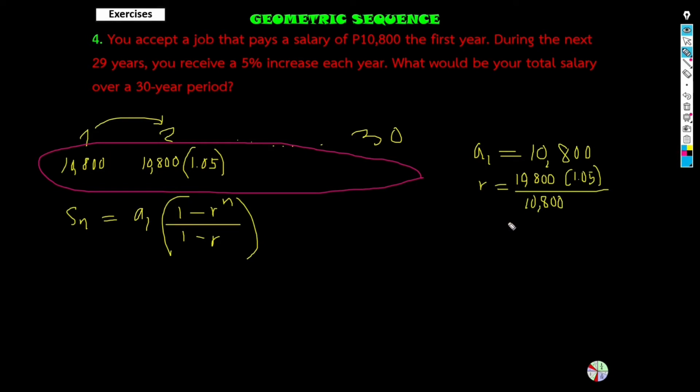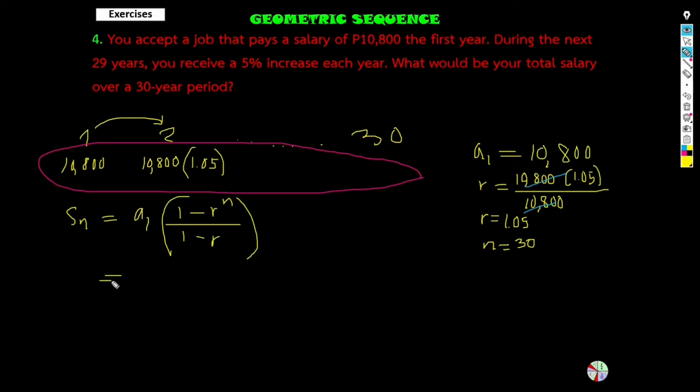We will just cancel this one. Therefore, the answer for R is just 1.05. And then n is a 30-year period, so that will be 30.